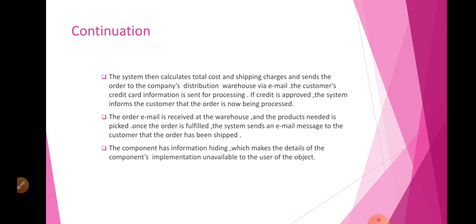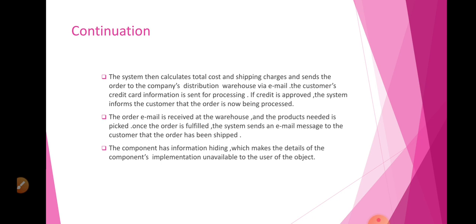If there is the required product in the stock, the system then calculates total cost and shipping charges and sends the order to the company's distribution warehouse via email. The customer's credit card information is sent for processing. It may be either a credit card, debit card, or cash on delivery, anything.